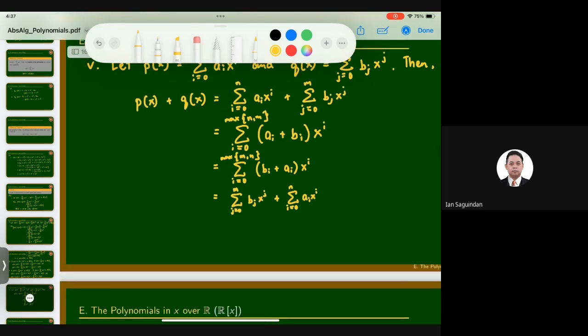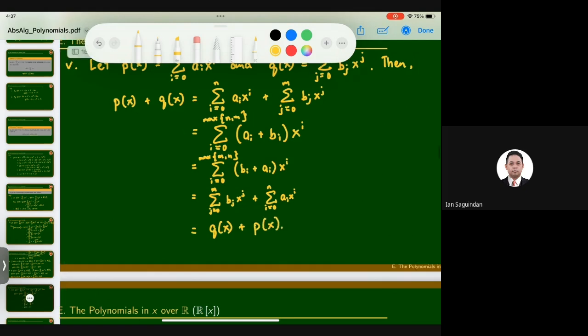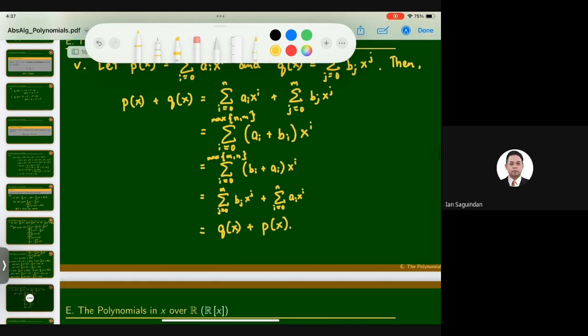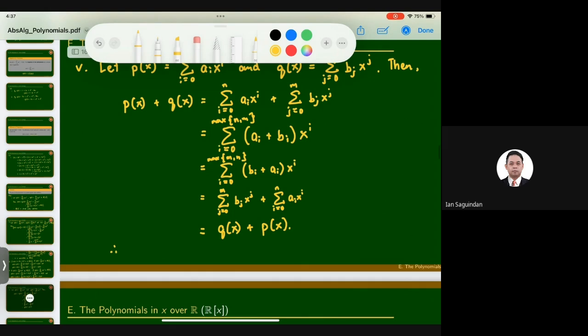Okay. So lastly, this should become q of x plus p of x. Okay, so the conclusion is that addition of polynomials is actually commutative.